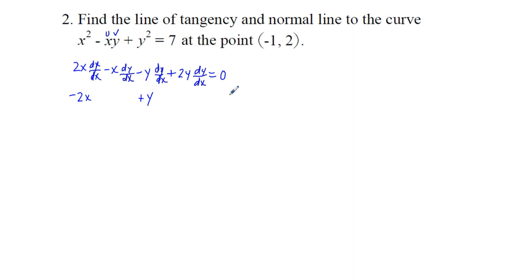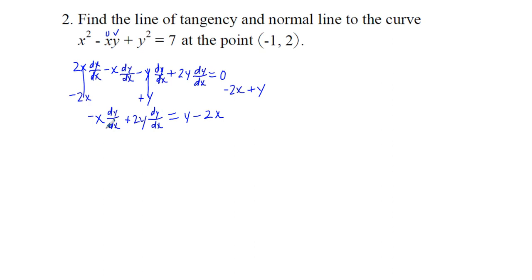Okay, so we have subtract 2x, add y, and they cancel each other. And so we're left with negative x dy/dx plus 2y dy/dx is equal to y minus 2x.